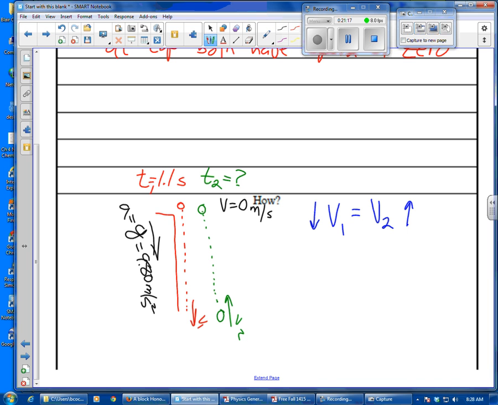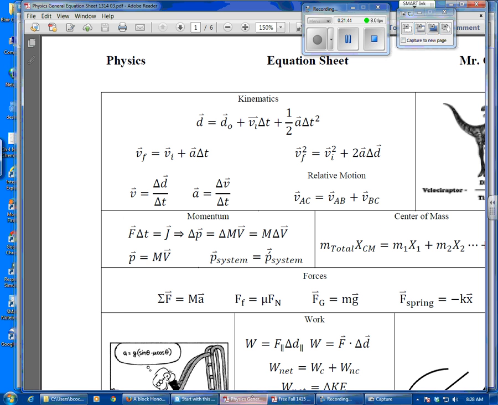Then we're making one more logical step: if it takes 1.1 seconds for the first ball to gain that speed, it's going to take 1.1 seconds for this one to lose it. And if we didn't see that, we could stick with the same distance, but I think you'll find the mathematics is a little more straightforward using time.